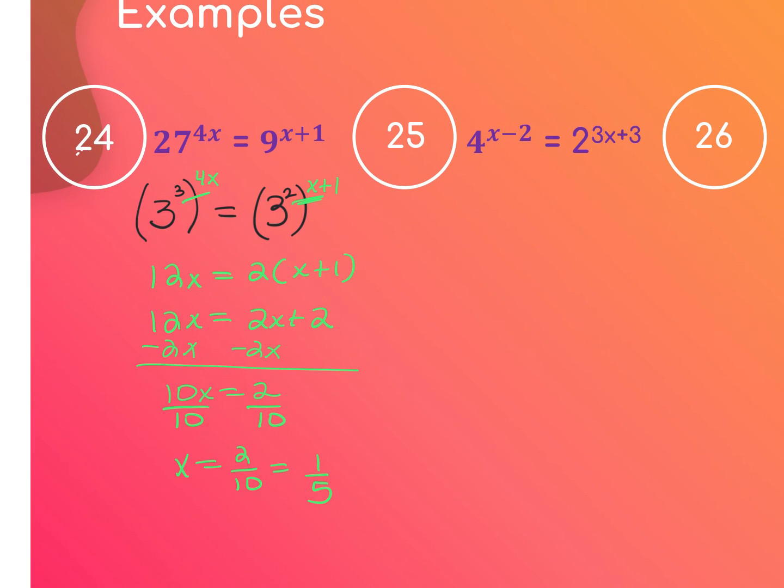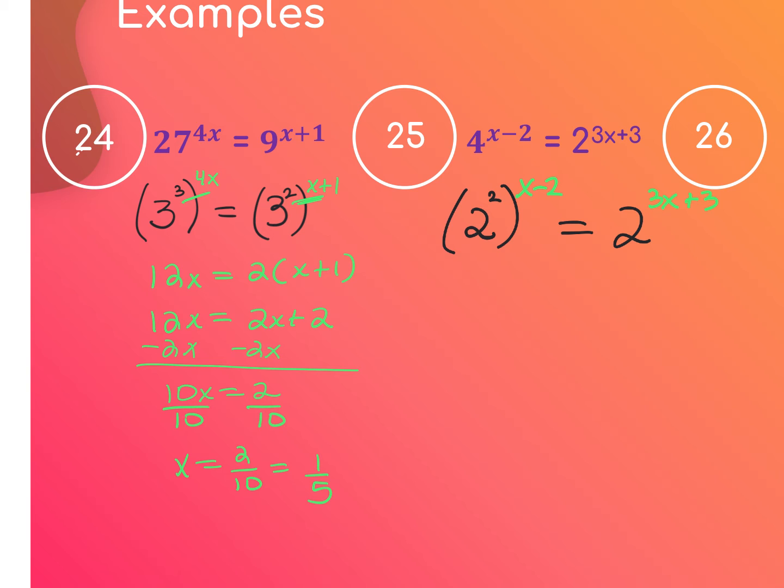Again, I'm going to change that 4, so it's a base 2. I know that 2 squared is 4, so I'm going to change the 4 into a 2 squared. Remember, it still has its original exponent here. And then this side was still just staying the same. Let me go ahead and do the exponent in green so you can see.